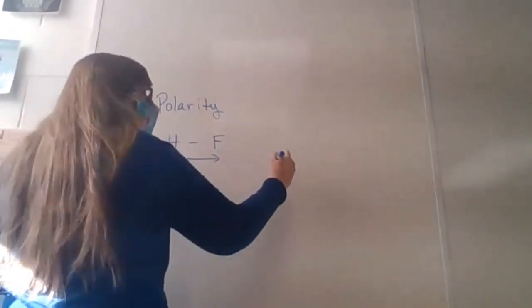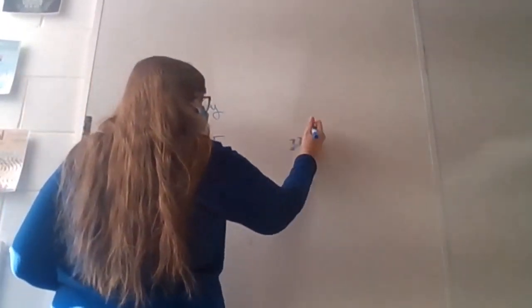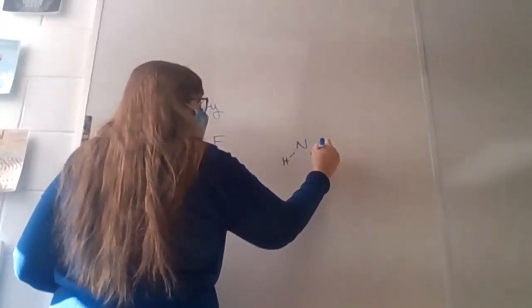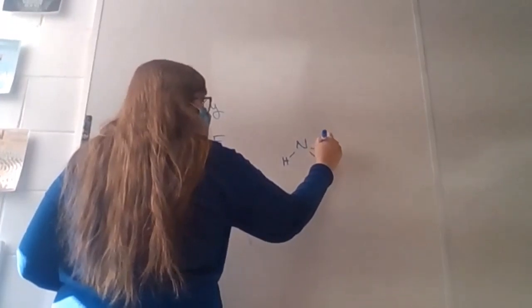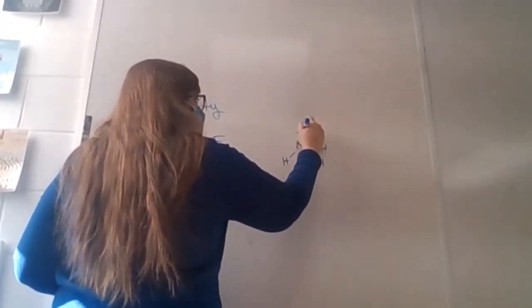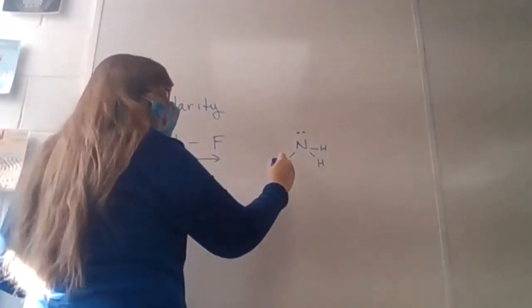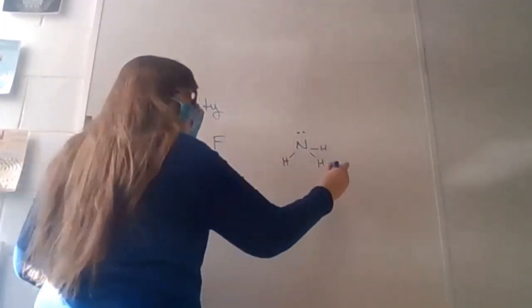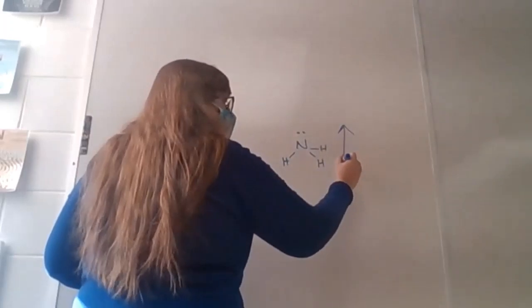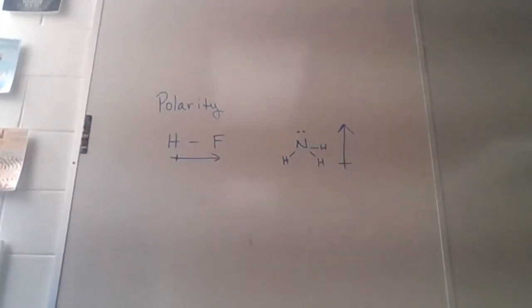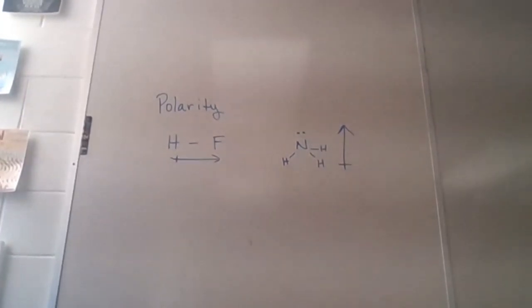And then if we think of something like ammonia, ammonia has a nitrogen in the middle. The nitrogen is more electronegative than the hydrogens. And so we have a polarity that looks like that. So are we all comfortable with that? Seen that before? Doesn't seem too weird.